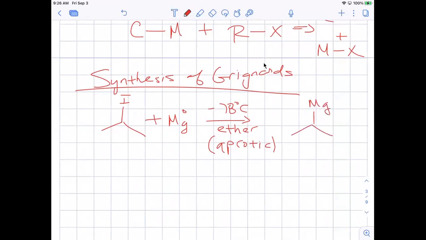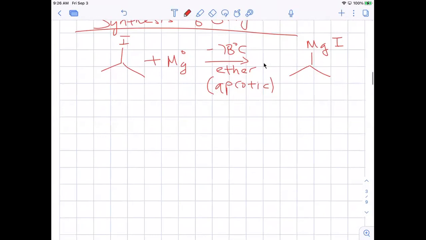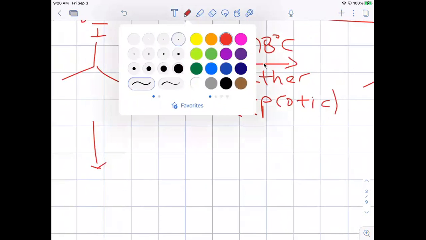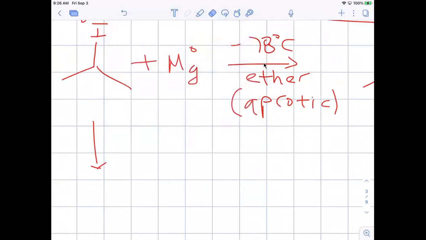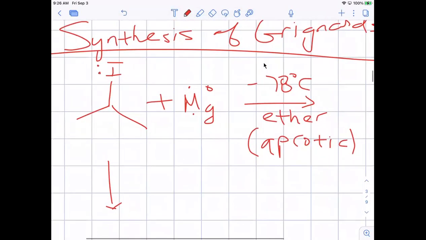All right. So from this, I'm going to get a magnesium, and then the iodine is here. And again, the way this works, magnesium has a pair of electrons. Now, iodine, you know, is a halogen, so it has 3 lone pairs.